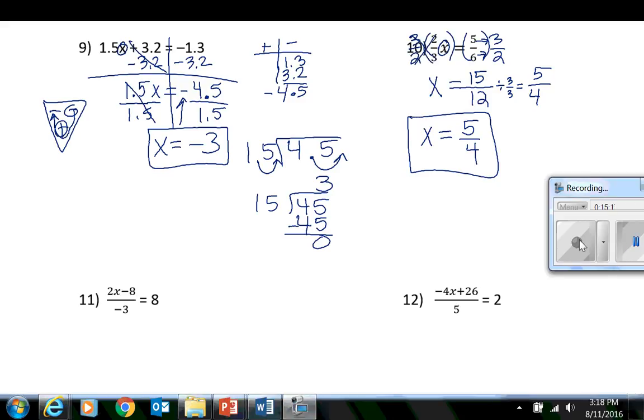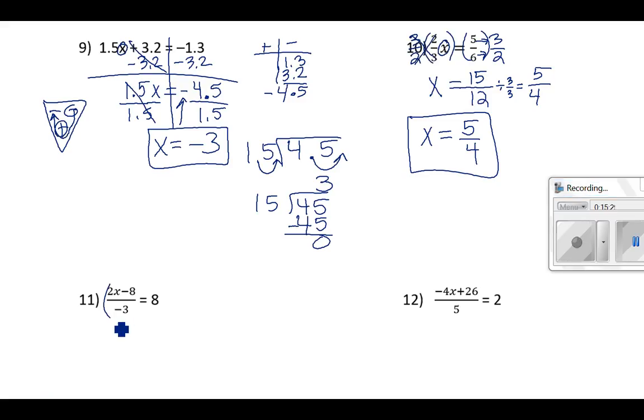Number 11, I see that I have a fraction with a lot of stuff in the numerator and one thing in the denominator. So that means I'm going to multiply, because a fraction tells us to multiply. So I'm going to multiply both sides by that denominator, which is -3. Everything that's in the denominator, so I have to multiply by -3 on both sides.